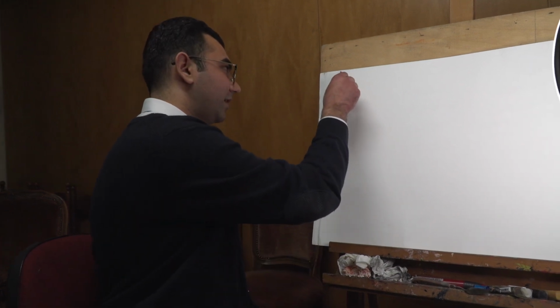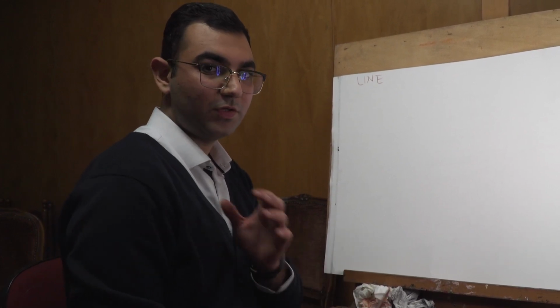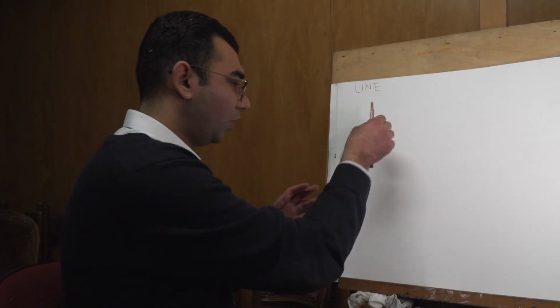It's real simple. So now let's talk about line itself, and I'm going to explain how we should draw lines. It's real simple. You just need to move your shoulder, not your wrist or fingers, okay? So I'm going to give you some homework here.